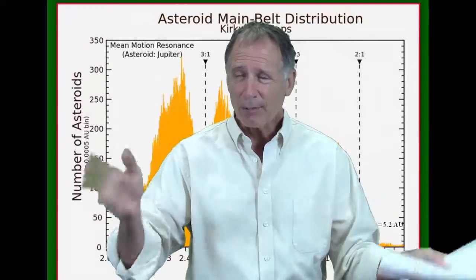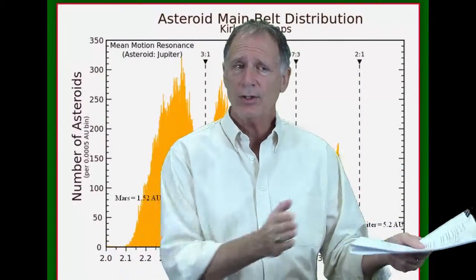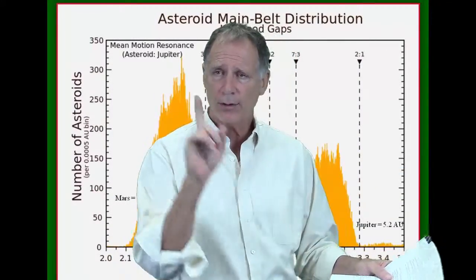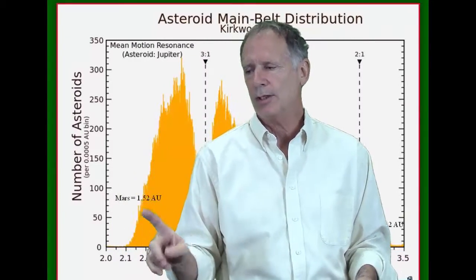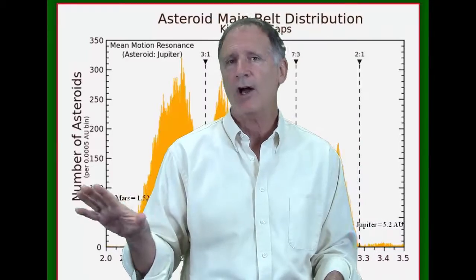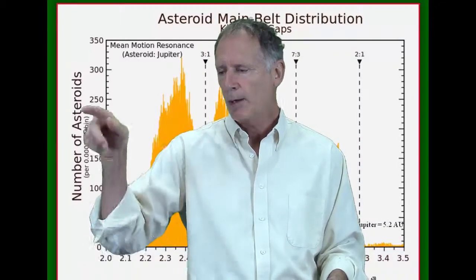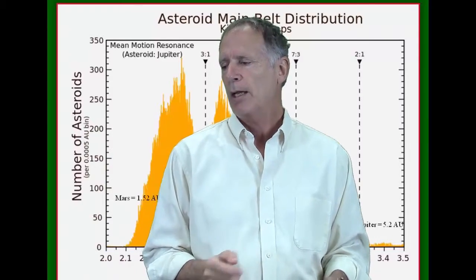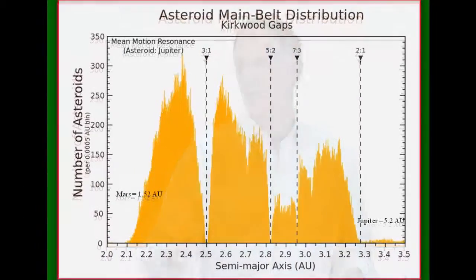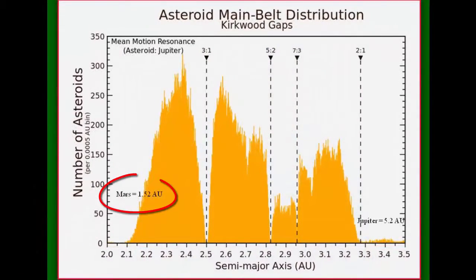Now, let me remind you that an AU is the distance between the Sun and the Earth, an AU of 1. So that astronomical unit of 0.0005 is the amount we use to count how many asteroids are in that area.